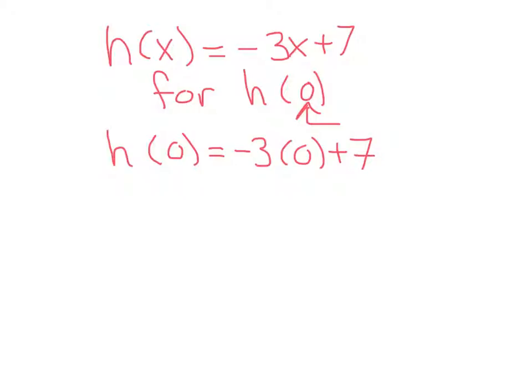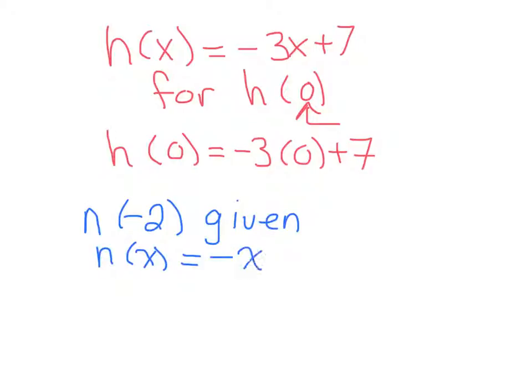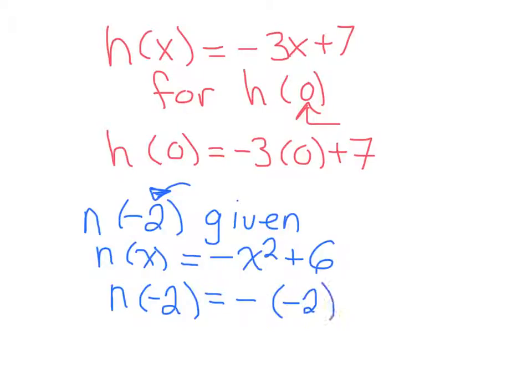And then the last one, n of negative 2, given n of x equals negative x squared plus 6, means that negative 2 is our input. So we would have n of negative 2 equals negative of, and we have to put negative 2 in parentheses, square it, and add 6. But notice that that negative still stays. So give these a try, make sure that you are writing your sentences, and we will go over these 3 examples in class.